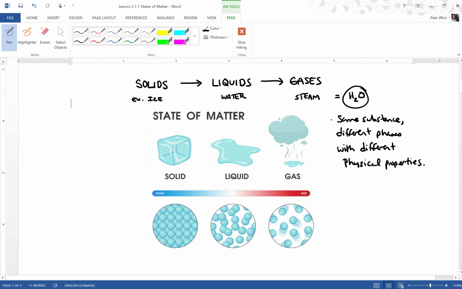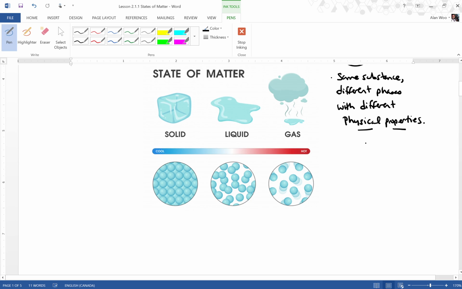Now we'll look at physical properties in a separate lesson, because we can spend a lot of time on just looking at physical properties of solids, liquids, and gases. For now, we'll look at a little bit of their differences. So in terms of their arrangement of atoms, for solids, you can see that each atom is closely packed together with its neighboring atom.